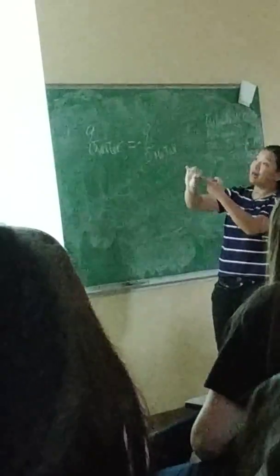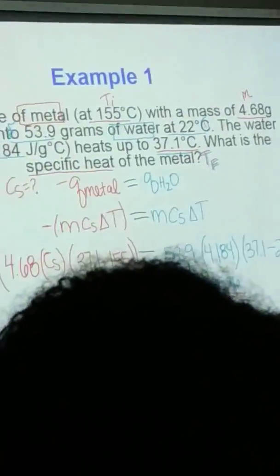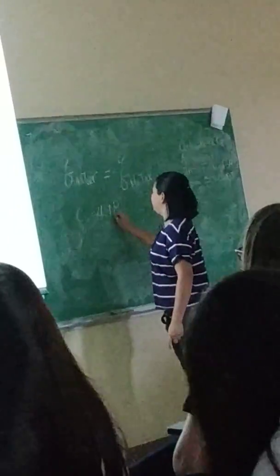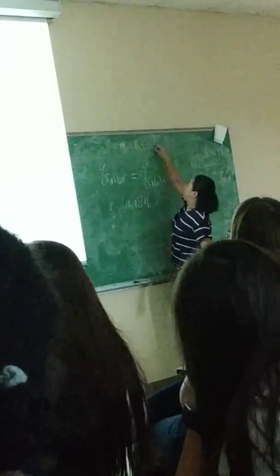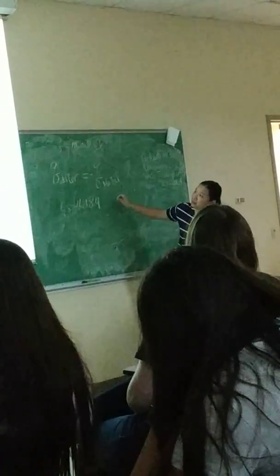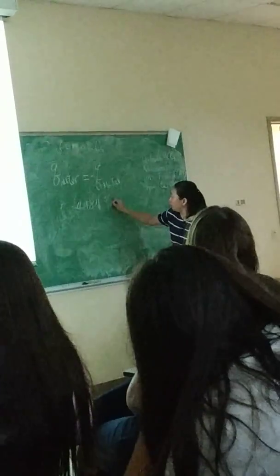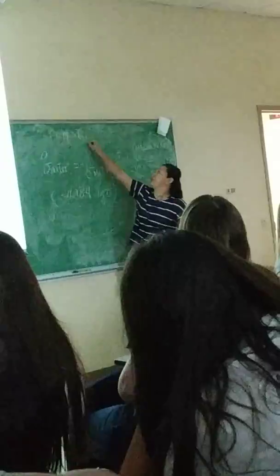We have a heat capacity for water, right? Okay, let's see. It is 4.184. Do we have a mass? Oh, here, that's the mass times delta T times heat capacity, right? We have the heat capacity, joules per gram Celsius degree, right? That's the heat capacity, we got this.